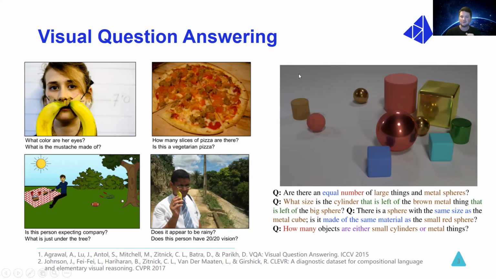On the right side of the screen, you can see an example from the CLEVR dataset. This is a synthetic data set that was generated in the Blender engine. Nevertheless, it's still quite difficult for us humans to answer, because if you consider this question, what size is the cylinder that is left of the brown metal thing that is left of the big sphere?